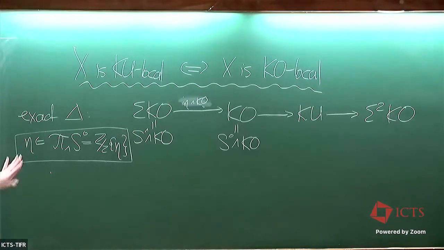So that's just a fact for you. It's not just one element of the many, many, many. It's also the very most important element of all stable homotopy theory, but that's just a side note.